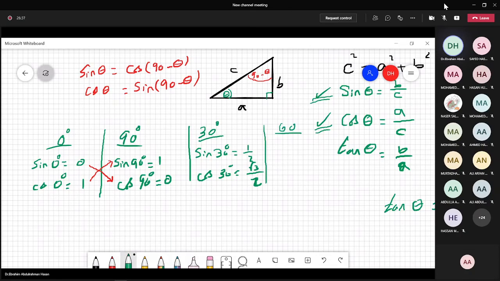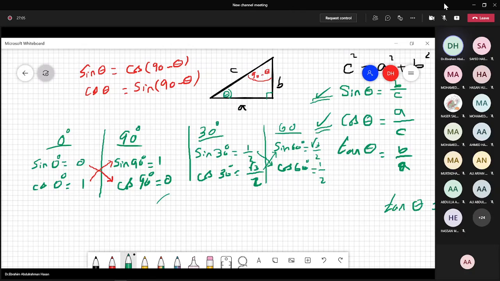Then this is 60, sine 60 and cosine 60. 60 and 30 are complements of each other, so their addition equals 90. So whatever we have here, we have it here. Cosine 60 equals half, and sine 60 is root 3 over 2.